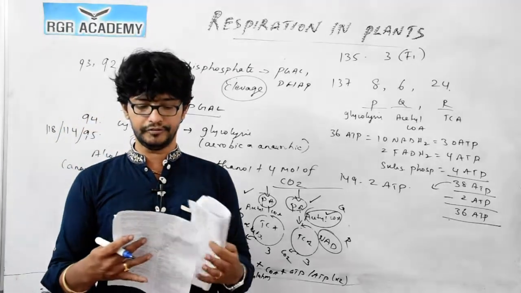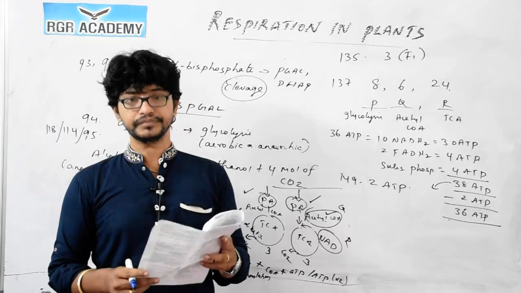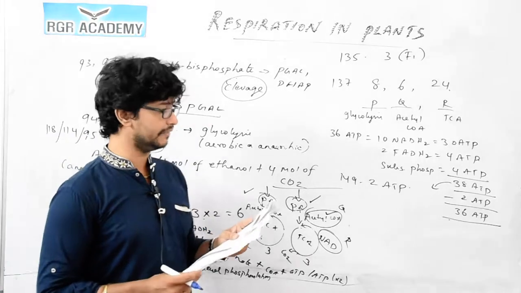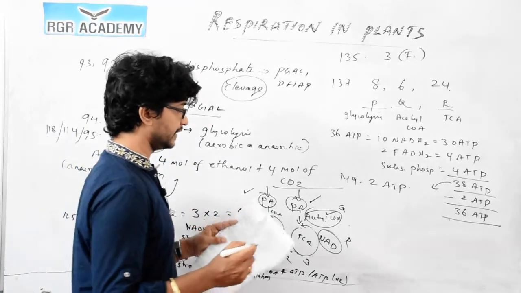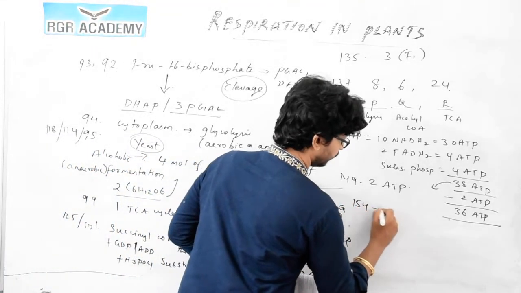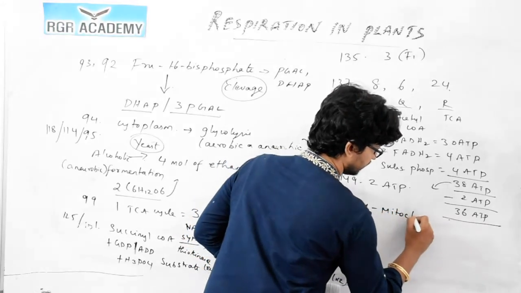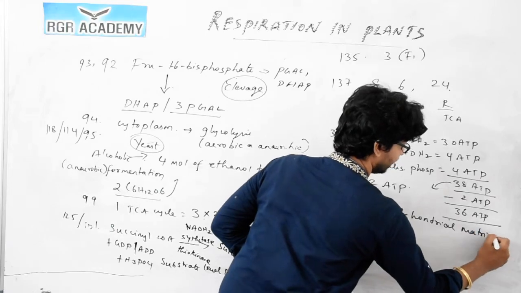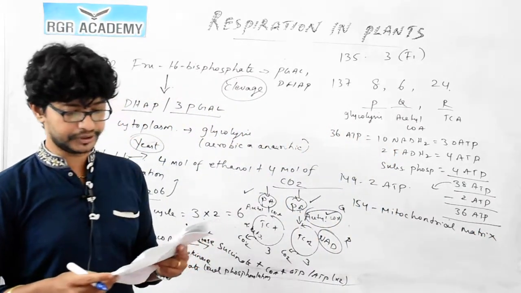Question number 154, the TCA enzyme is found in the mitochondrial matrix. Okay.